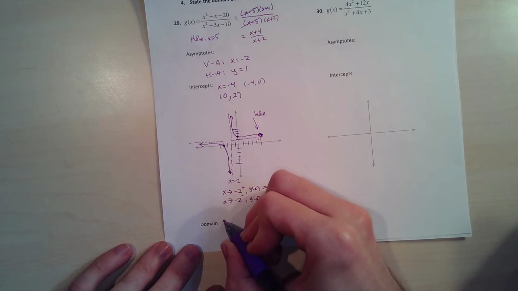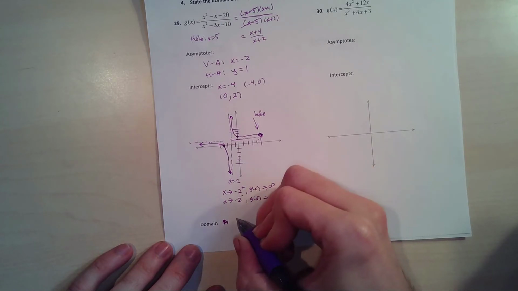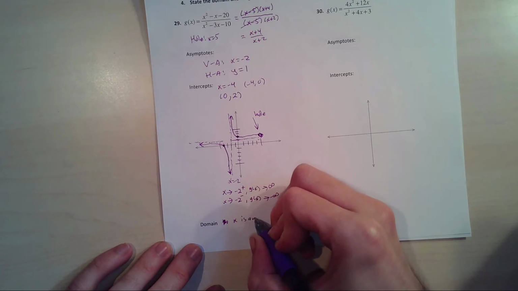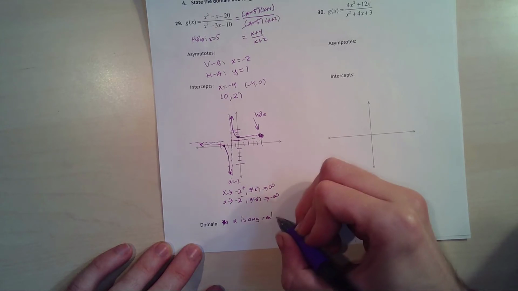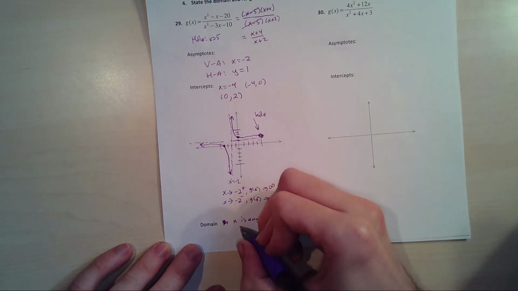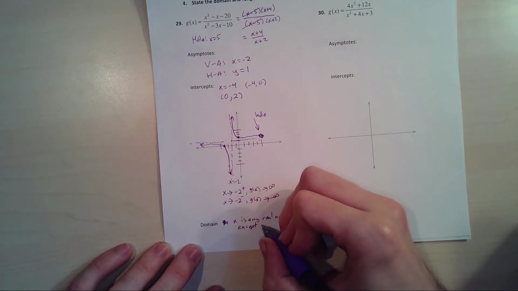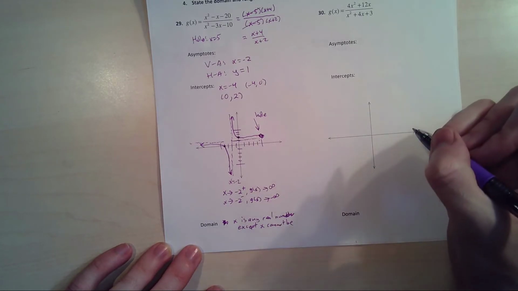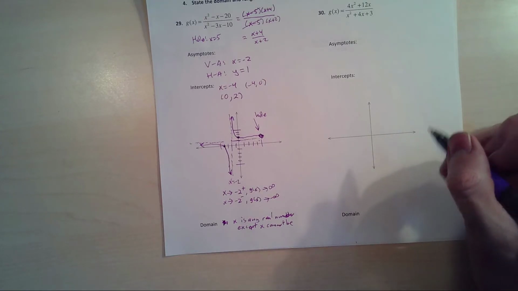I started writing it like a fancy stuff. How about x is any real number except, x cannot be... what is x not allowed to be?